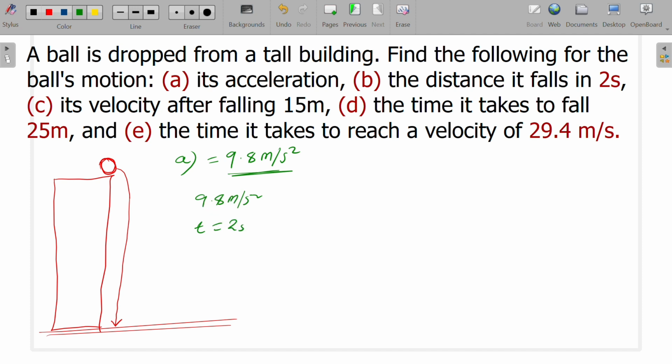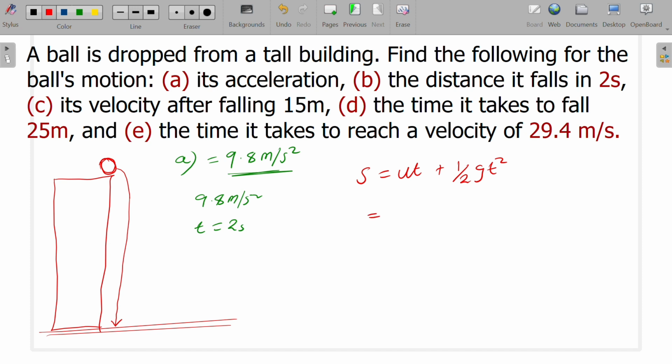Which formula can we use to find distance given this information? The formula we need is distance s = ut + half gt squared, where u is initial velocity, t is time, g is acceleration due to gravity and t is still time.